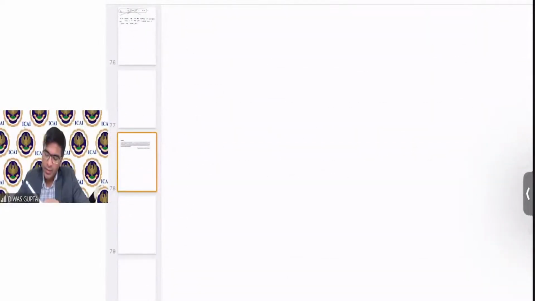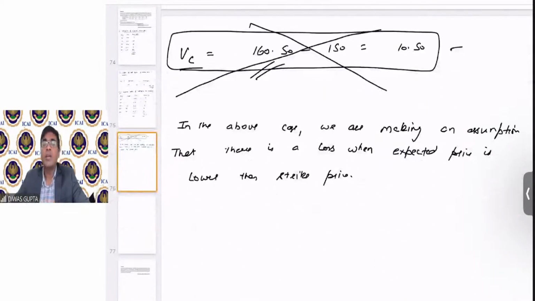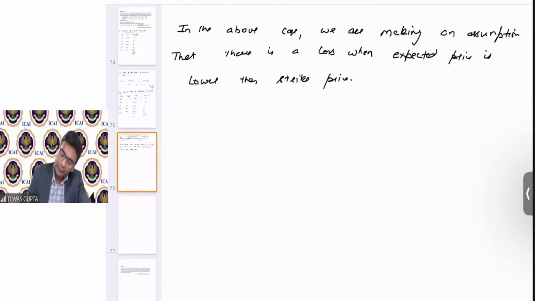And now we have sufficient evidence to say that if the price goes up, the value of the call option will also go up. See, I'll tell you. Today, let's assume the strike price to be 100.